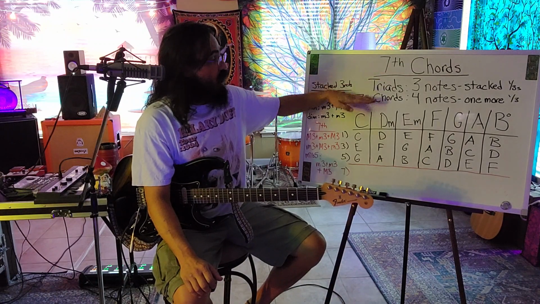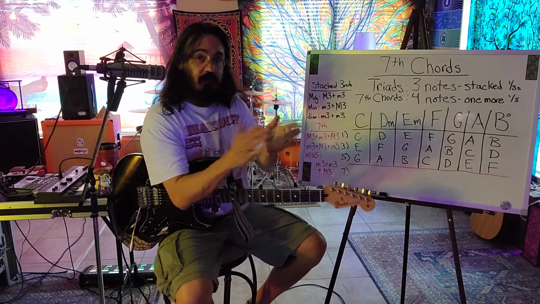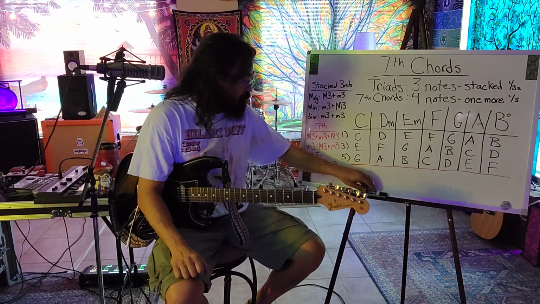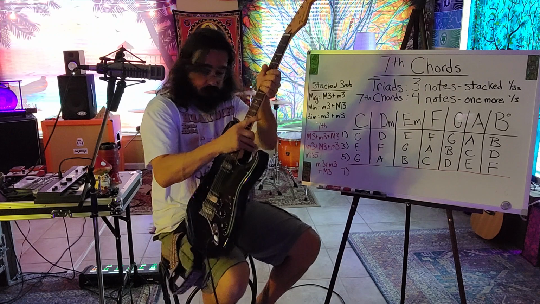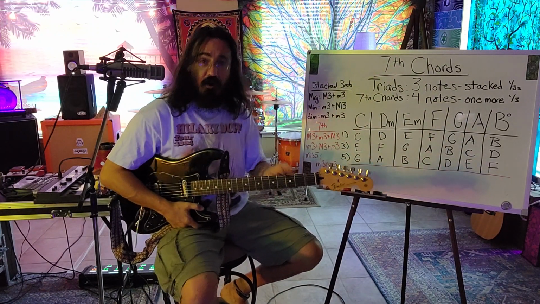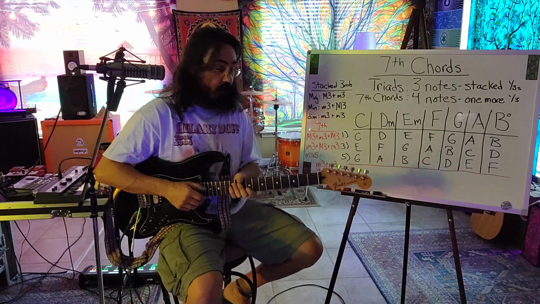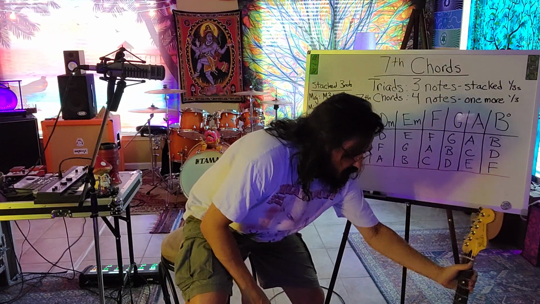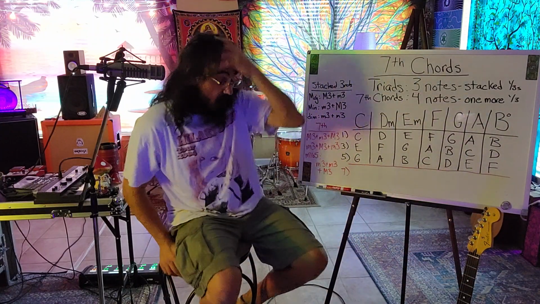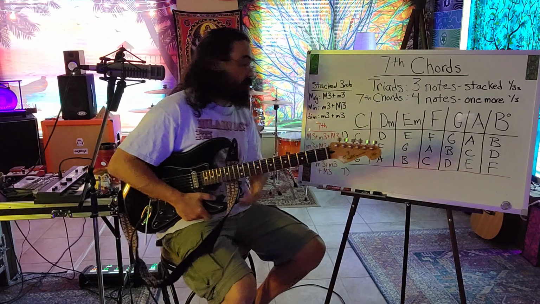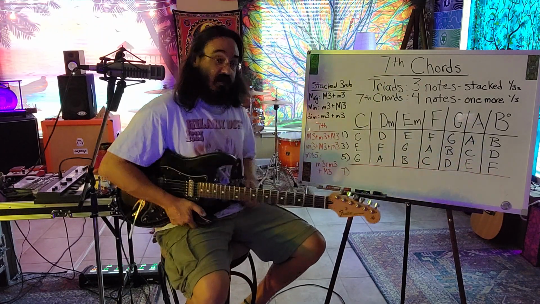When we take a triad and add another note, by adding another third, we get to 7th chords, okay? So, I'm going to show you how it works first, and then I'll show you them on the guitar. Actually, I think it'd probably be best to do that as well, for a couple examples anyway.